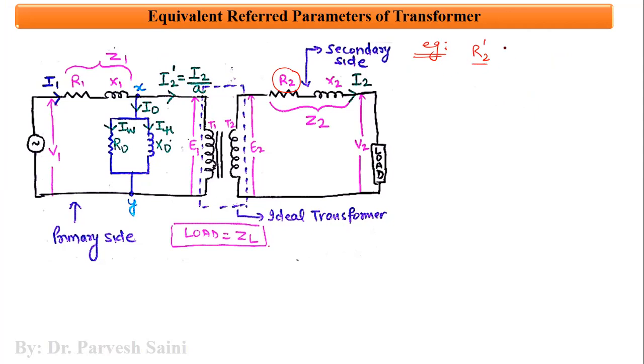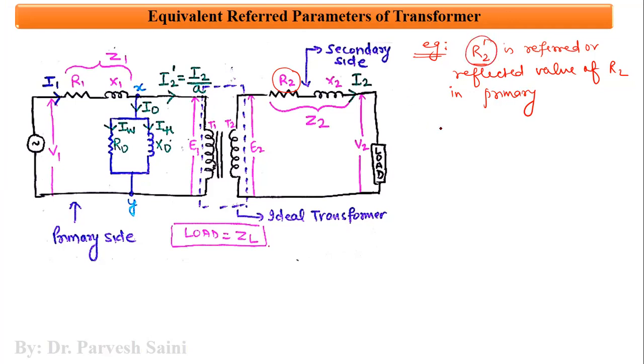This R2 dash is basically the referred or reflected value of R2 in primary, right? So it means that this R2 has some influence in the primary winding, and that influence is because of R2 dash in the primary winding.